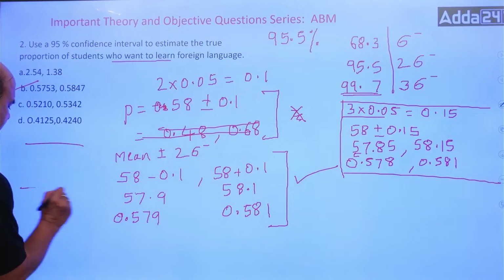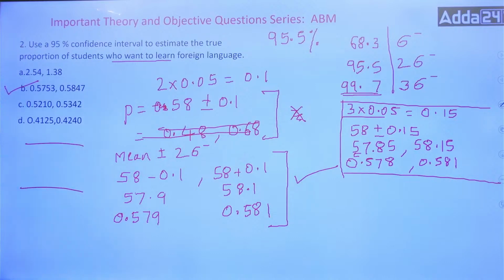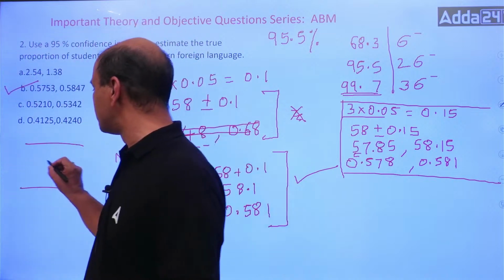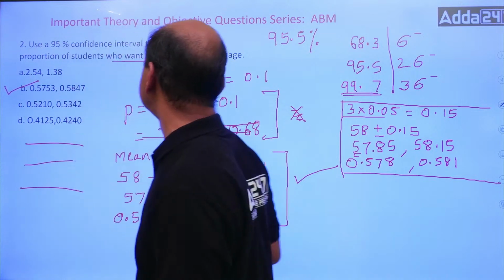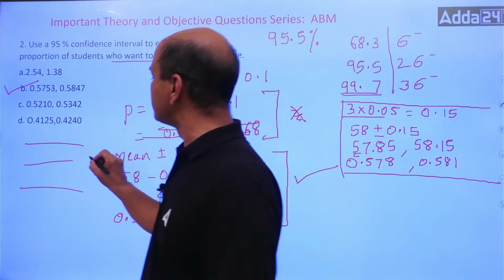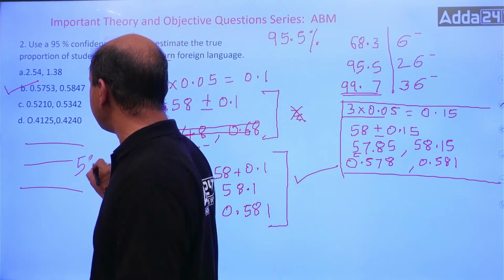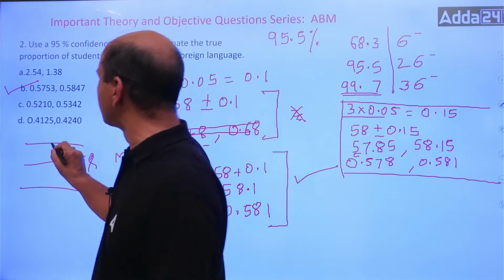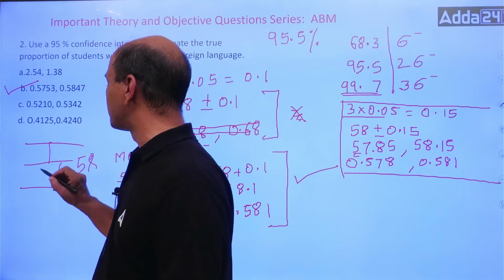Look at this. This is a zone. In this zone, this is your answer. Answer is what? 58. This is your mean, 58. And how many standard errors do you require on the upper side? 2. So 2 standard error over here and 2 standard error over here.